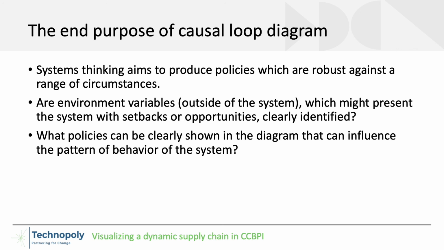We want to make sure that we have captured the right environmental variables that can affect or create a setback on the system behavior. We also want to make sure that later on, we're able to draw out the right policies that would influence the right behavior of the system.